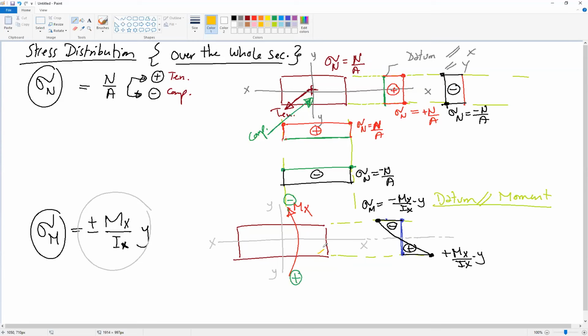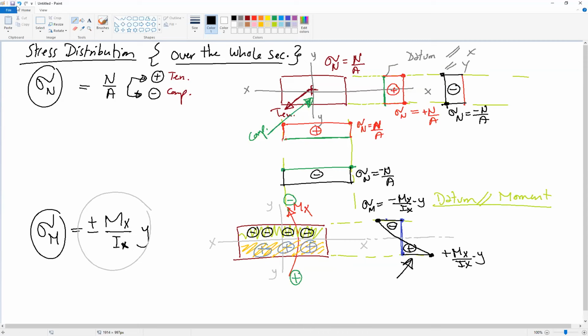So this half of the section is under tension, and the other half is under compression. And we can represent this using this figure, the stress distribution. So this is the stress distribution if we have Mx.